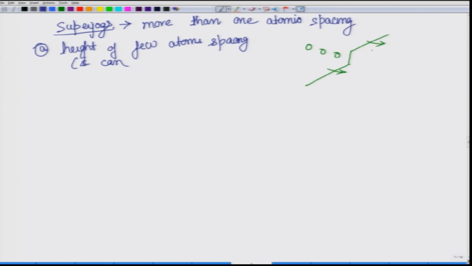These are the screw dislocation parts. So, and you must realize this is the edge dislocation part, which is a few atoms thick.